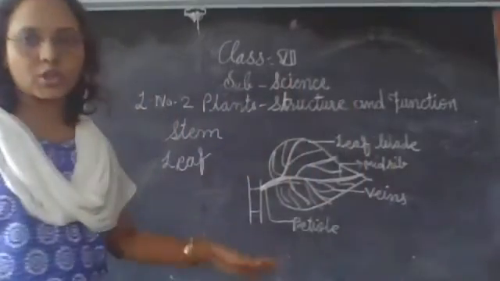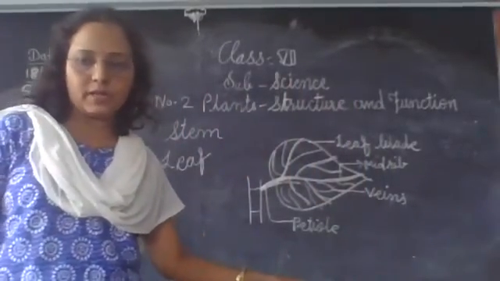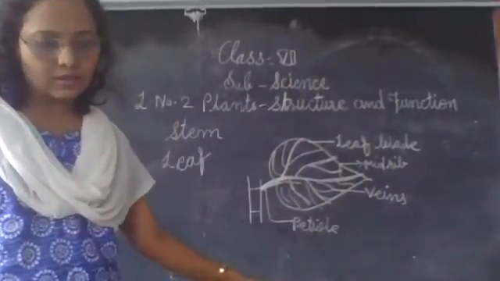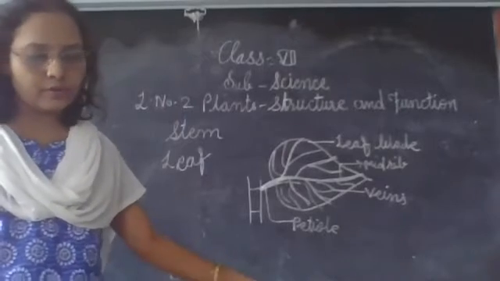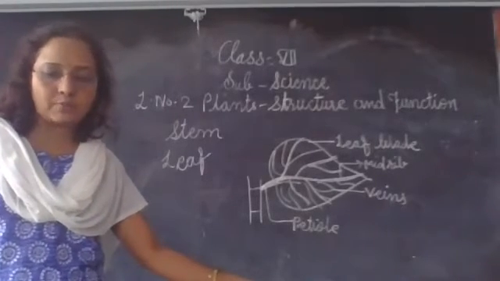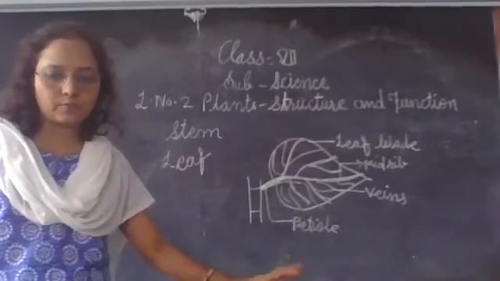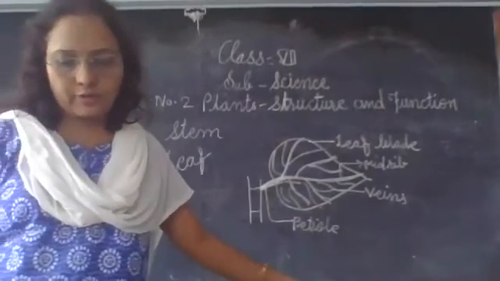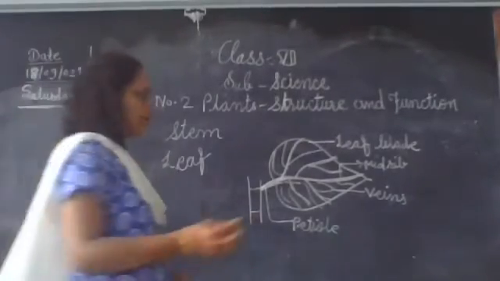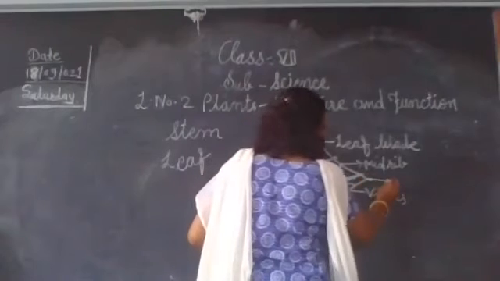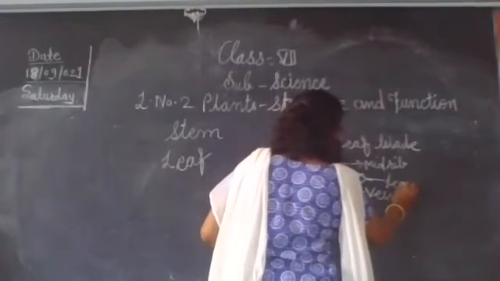So this is the structure of the leaf. You please copy this down. Then there are two different types of venation in leaves. The tip of the leaf is called the leaf apex.